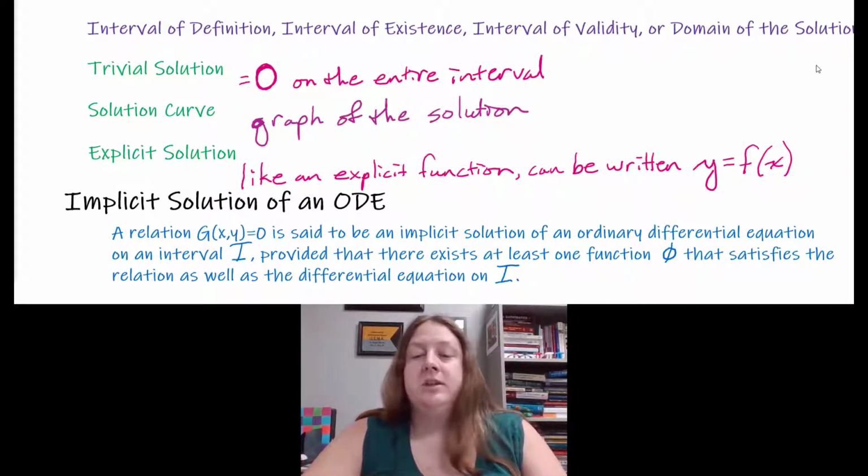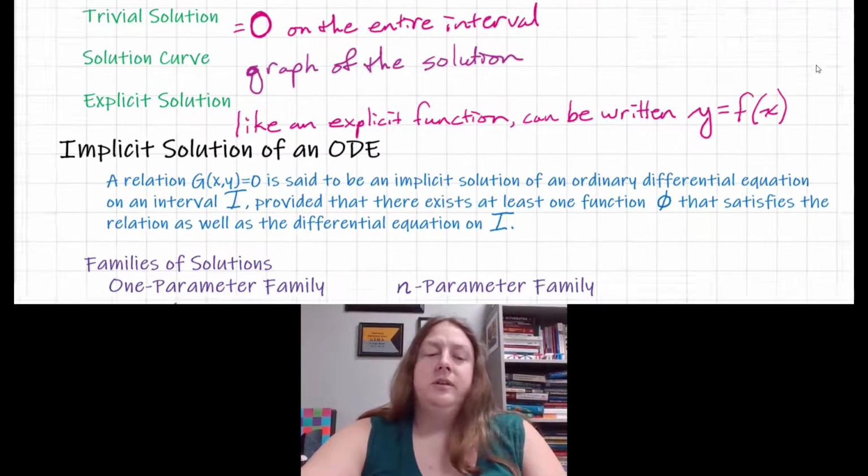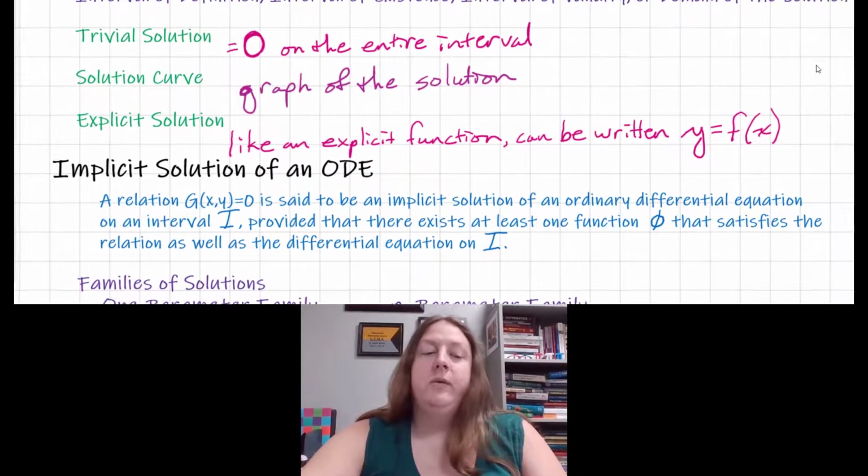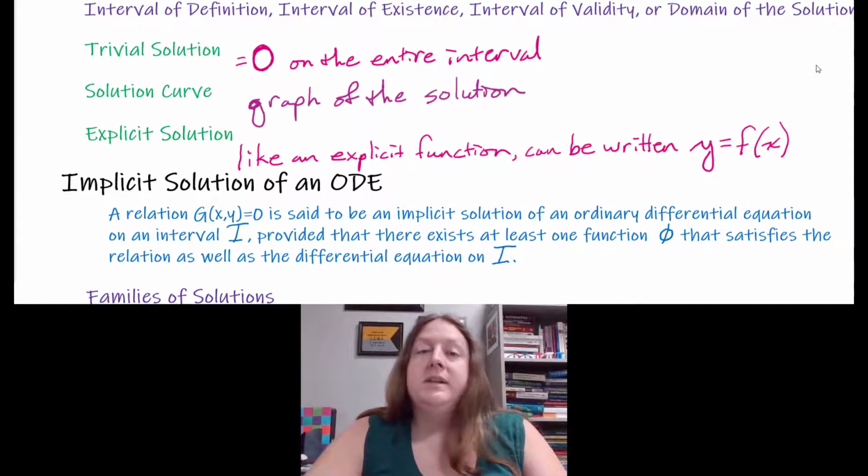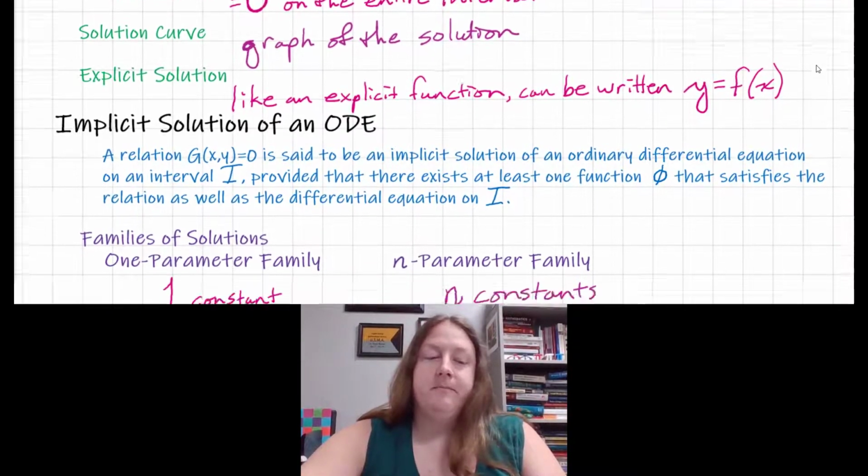That's an implicit solution of an ordinary differential equation on some interval I, provided that there exists at least one function that satisfies the relation, as well as the differential equation on I. So with these implicit solutions, you're going to have to do implicit differentiation to check that they are solutions to our differential equation. With explicit solutions, you'll be able to take your pick of ways to differentiate to verify those.